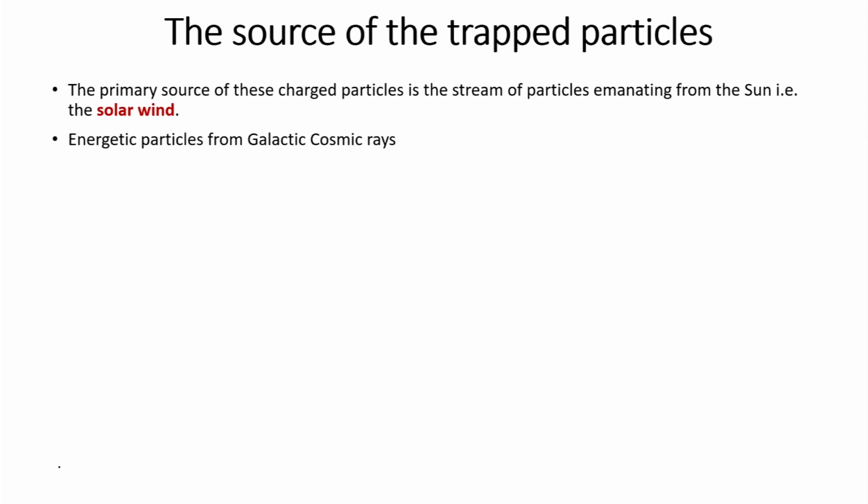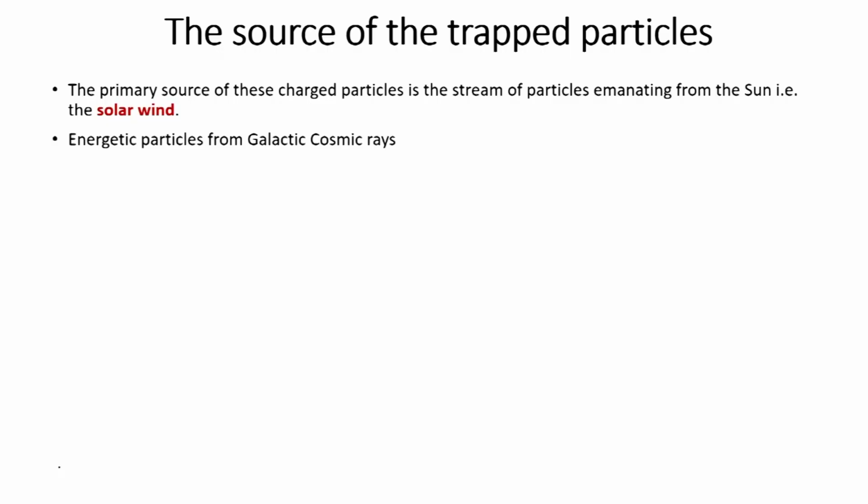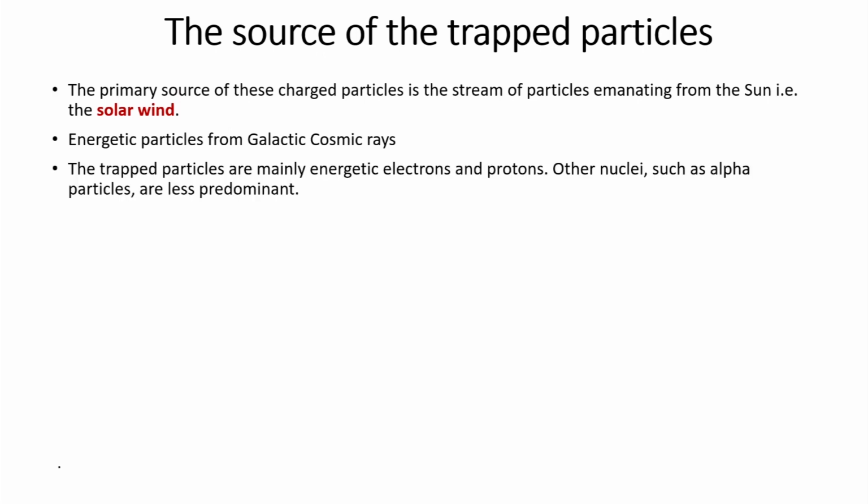Galactic cosmic rays are energetic particles, that is particles of heavier mass, released by a phenomenon called supernova. These are stars outside our galaxy, and they come from the extra-galactic region. These are very high energy particles, and they also enter our atmosphere. So, this also contributes to the trapped particles.